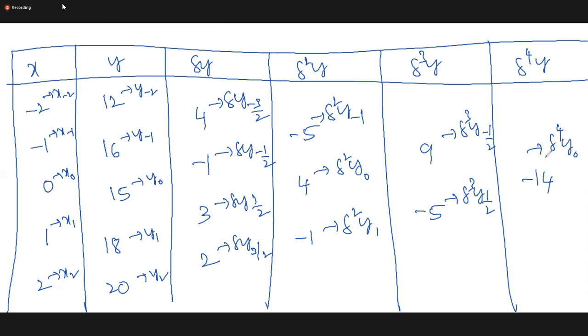Now, what are the required values? Small delta y at -3/2 is 4. Next, small delta square y at 0 is 4. Small delta cube y at 1/2 is 5.